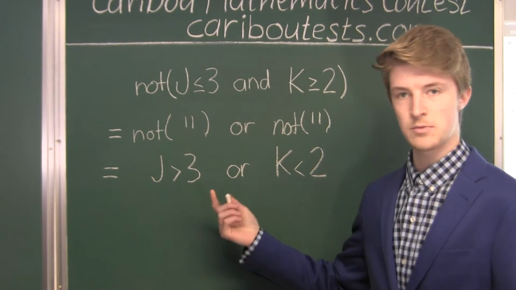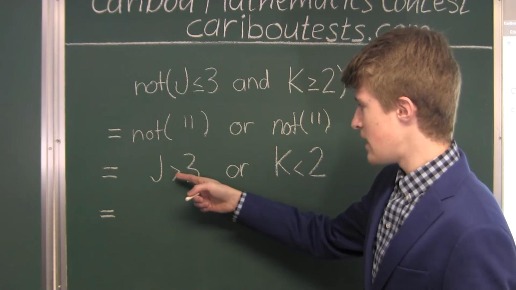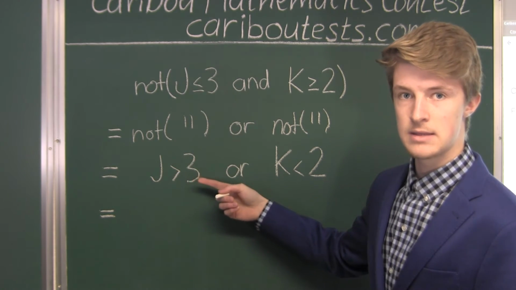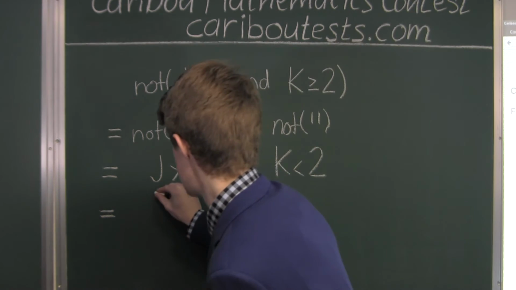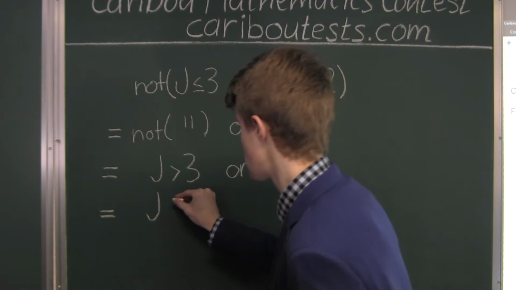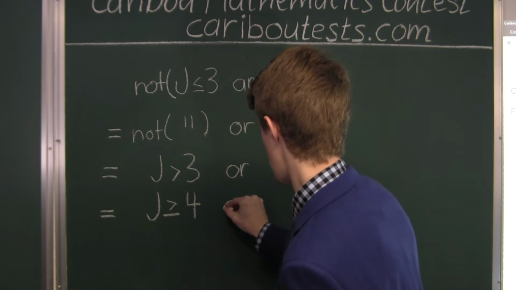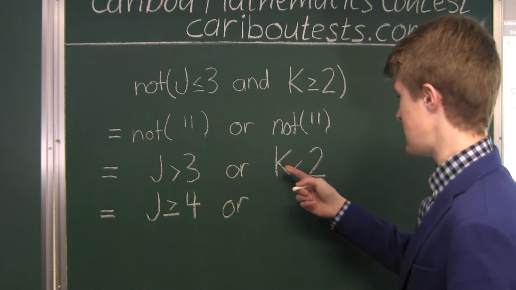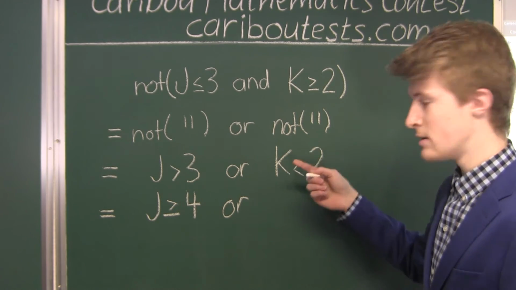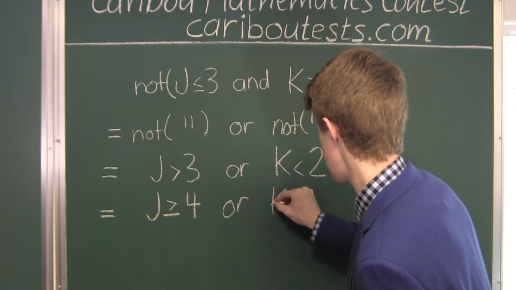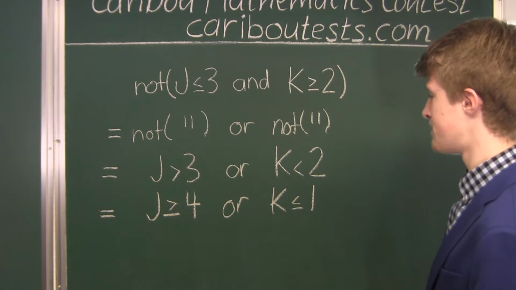Now since we are dealing with integers, J greater than 3 means it must be at least 4, so we can write J greater than or equal to 4, or K less than 2, which means 1 or less, so K is less than or equal to 1.